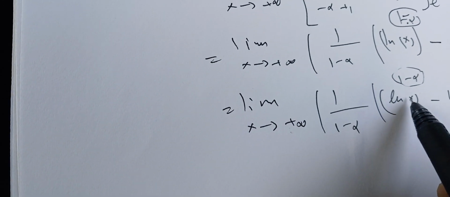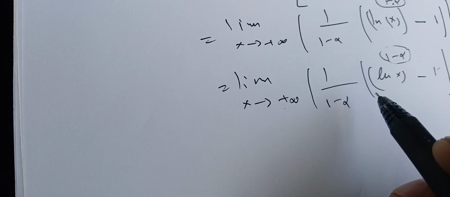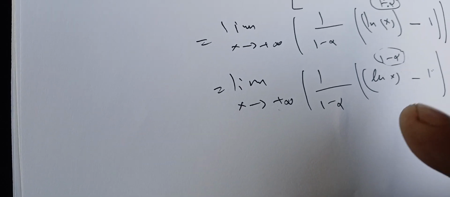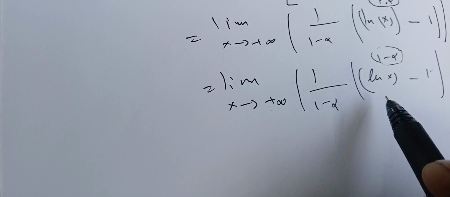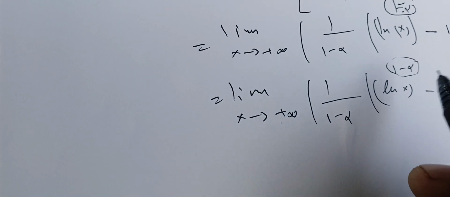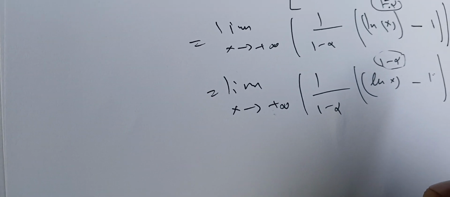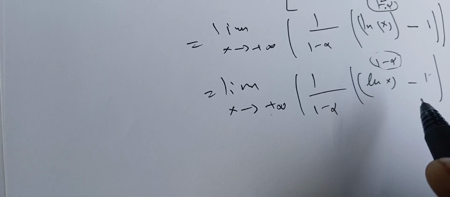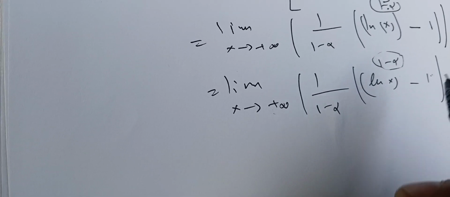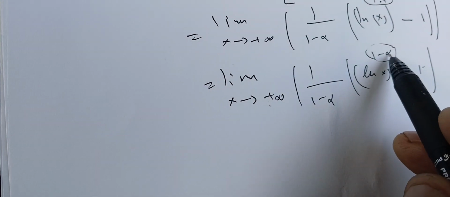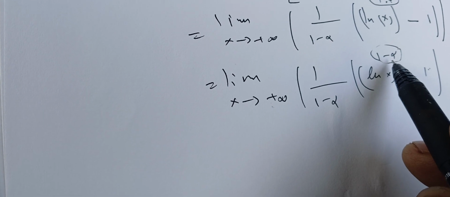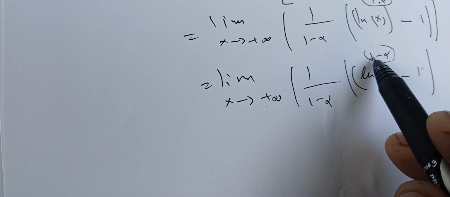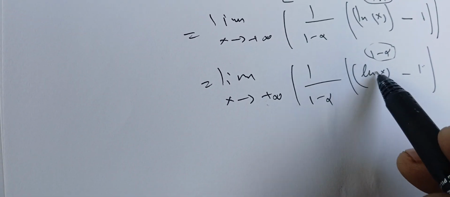When I take the limit as x goes to infinity, the 1 is a constant. If 1 minus alpha is bigger than 0, then ln of x to this power will go to infinity.